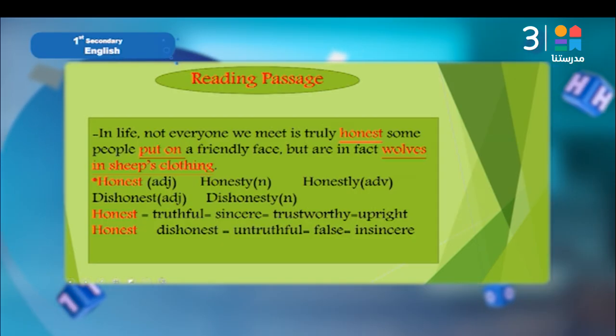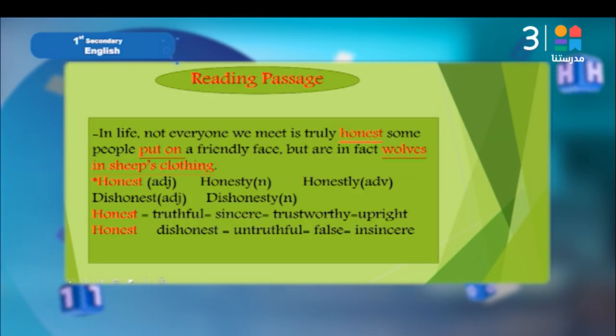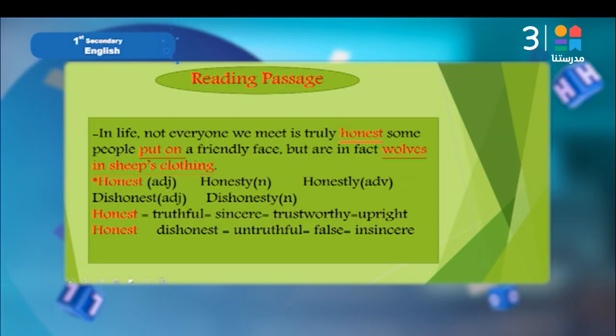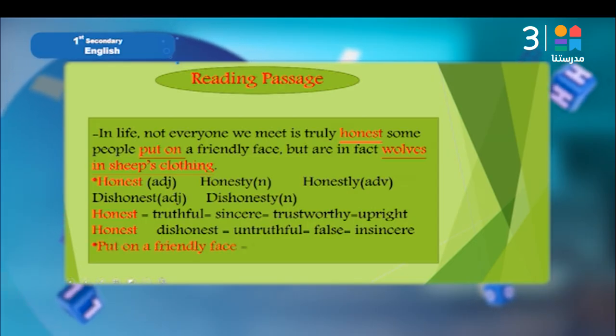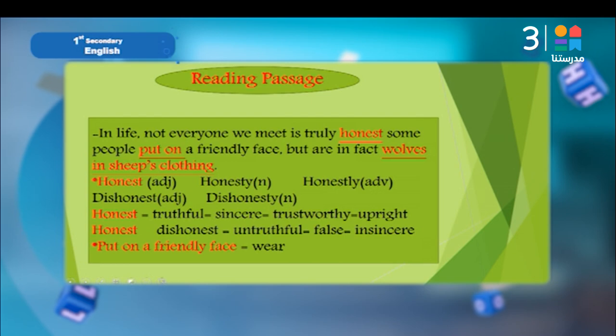As you see here in the passage, in the sentence that we have here in front of you, not everyone we meet is truly honest. Some people, what do they do? They put on a friendly face. What does it mean to put on a friendly face?